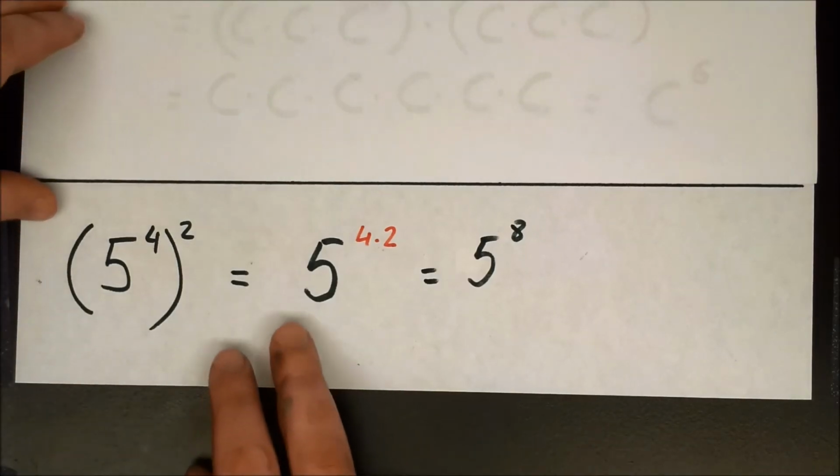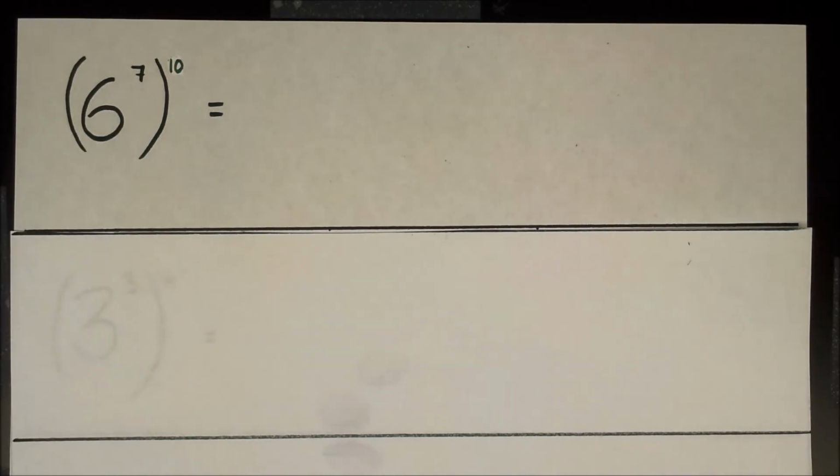So let's do some more practice. All right, take 30 seconds and work that one out on your own. Should be pretty simple. Pausing. So you have a power taken to another power. What do you do here? What do you do to the 2 powers?